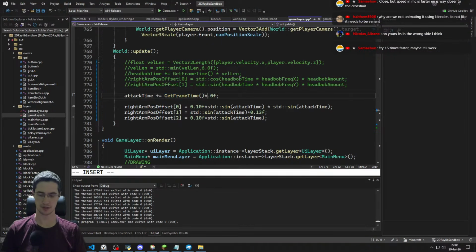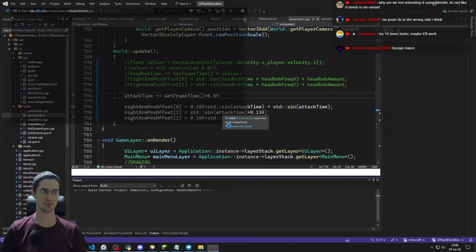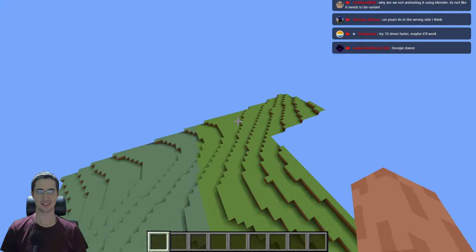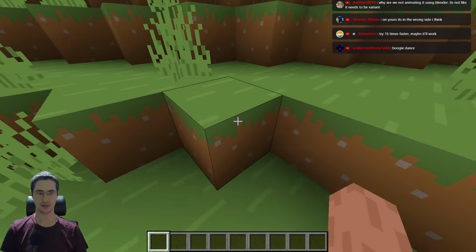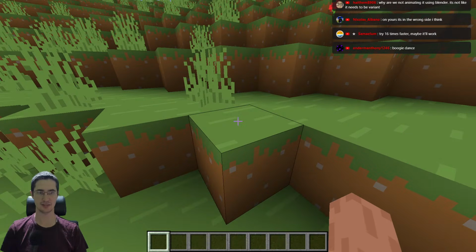And let's make it faster, 8 times faster. Okay, maybe to try now the rotations. The hand rotations.